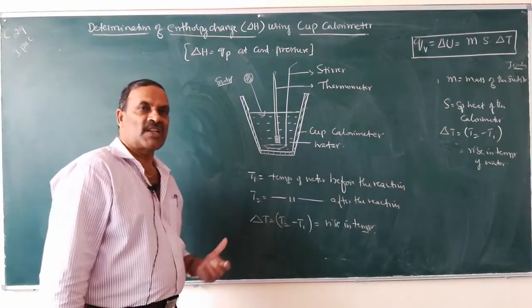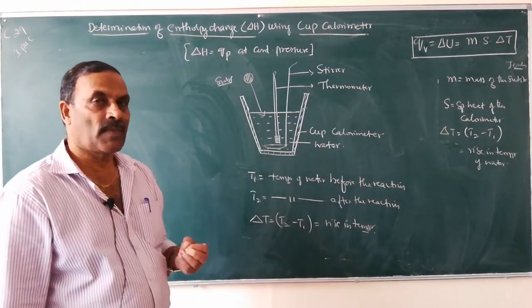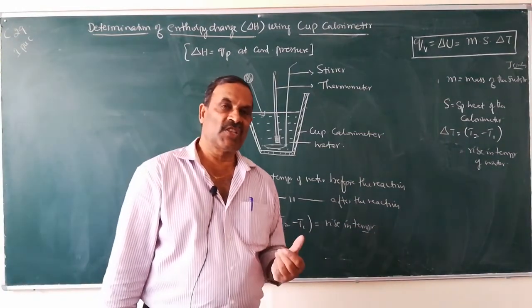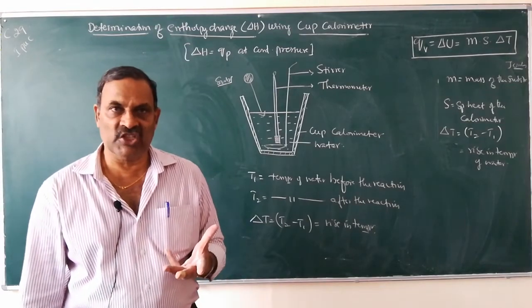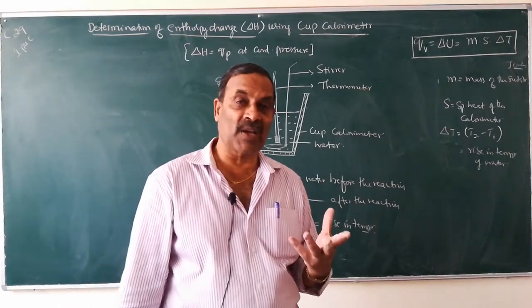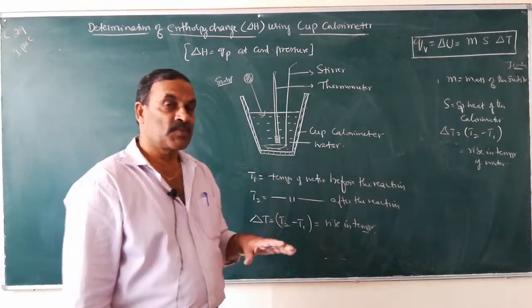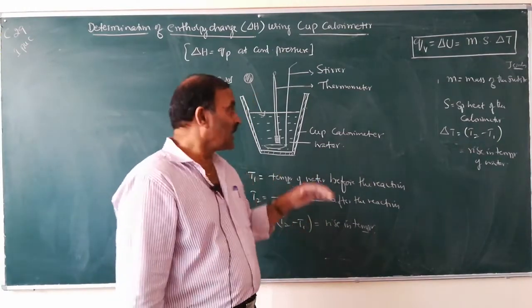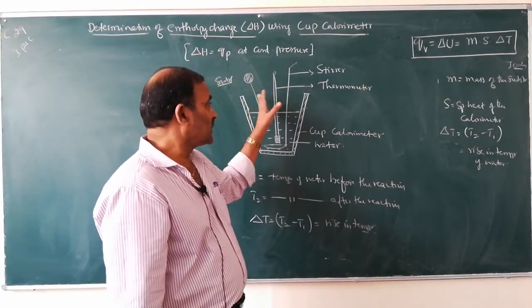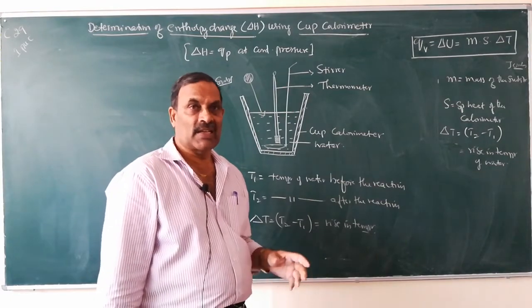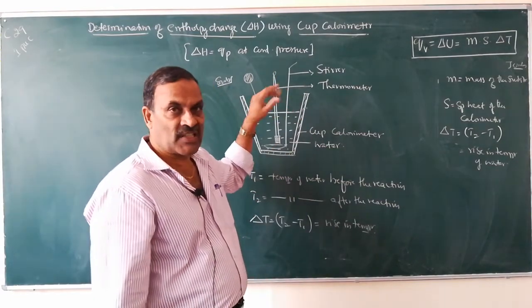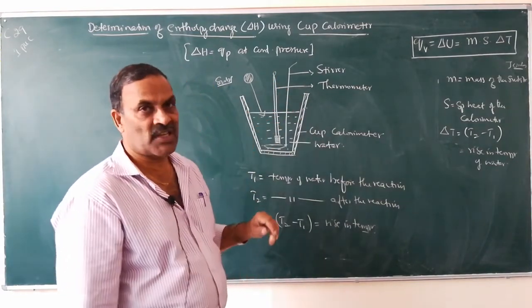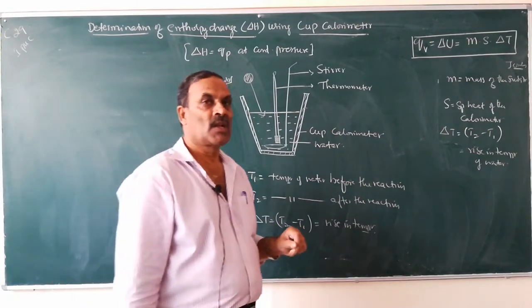So this instrument is called cup calorimeter. Enthalpy change of a reaction is measured using cup calorimeter which is kept open in air, because above this cup, since it is an open container, the pressure remains constant. The atmospheric pressure remains constant.